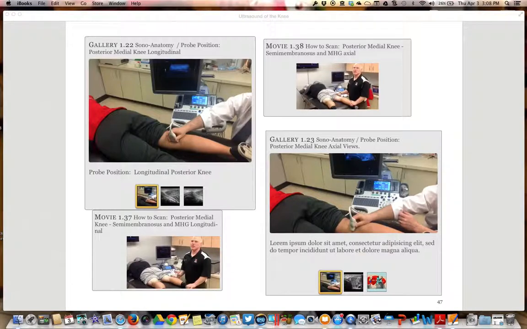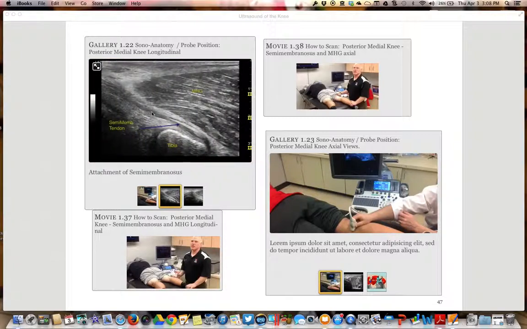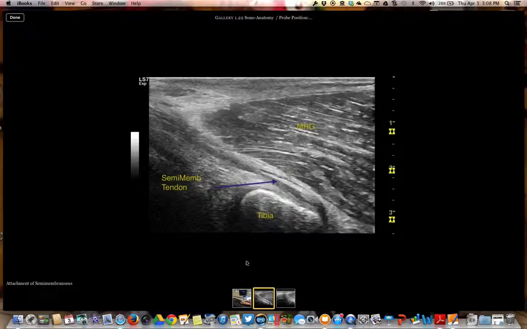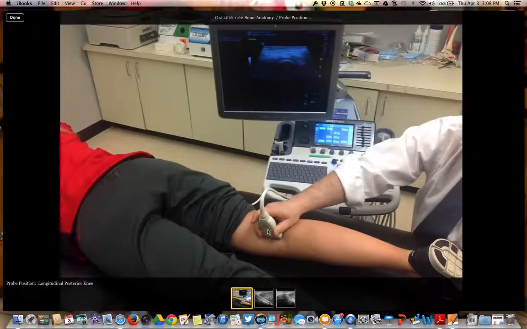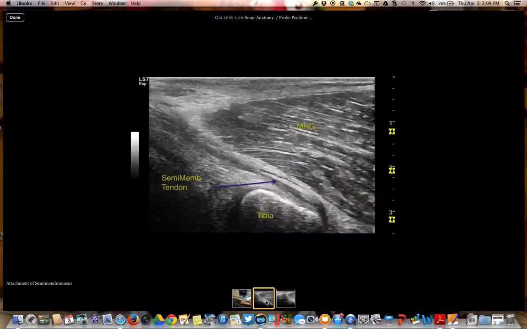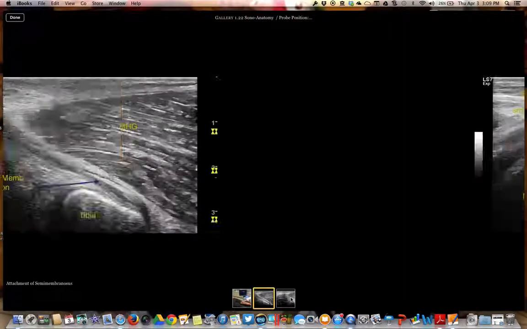Let's look at this in greater detail. Probe position, medial aspect, looking at the cross of the medial head of the gastroc and the semimembranosus tendon attachment.